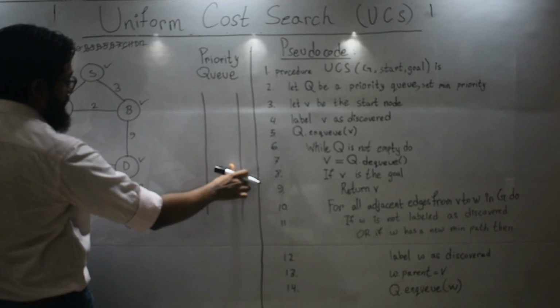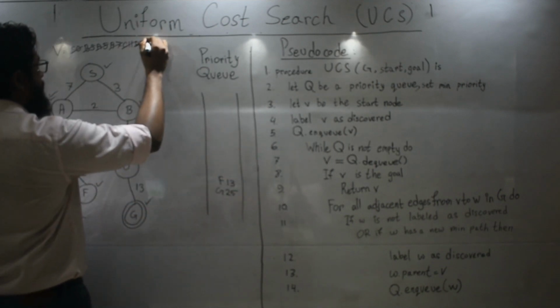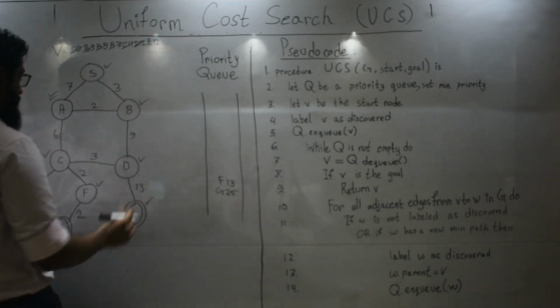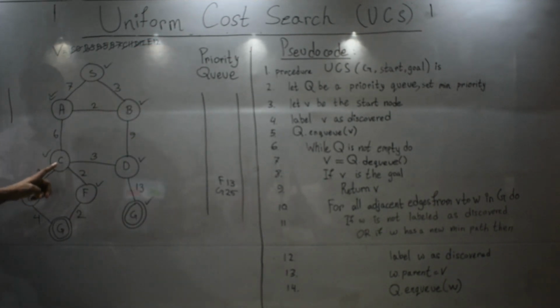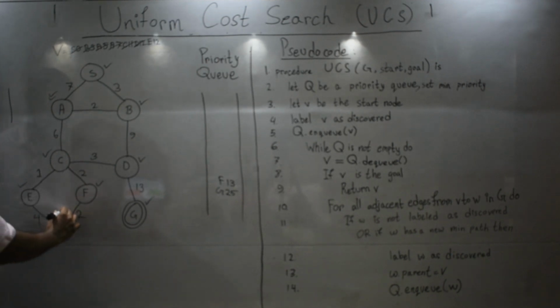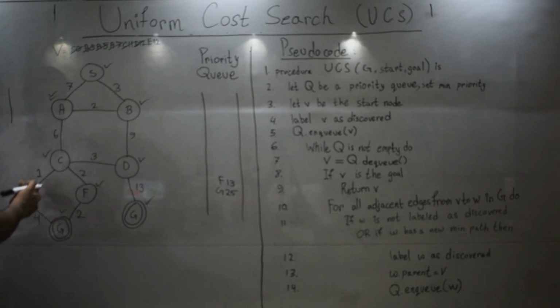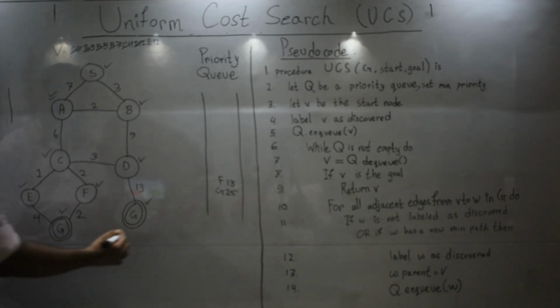So E12. E has a neighbor C. It has already been visited and it already has the minimum path, so it will not consider C. It will consider the other neighbor G. It has not been visited yet. So let's visit, set the parent to E and enqueue G from this side. E has a cost of 12 plus 4, which is 16.